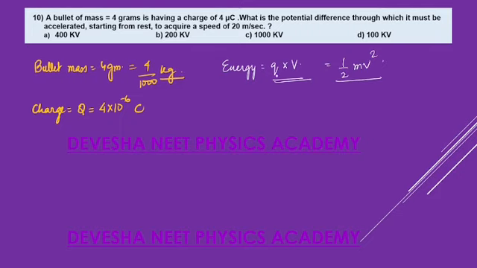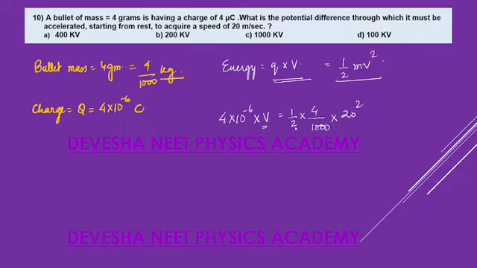So now let's put the values in this. We know Q, the charge given to us, is 4 into 10 to the power minus 6, into V which we need to find, is equal to half into mass, which is 4 by 1000, into velocity, which is given as 20 square here.